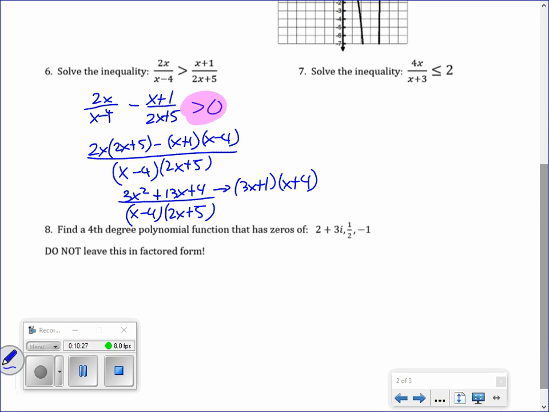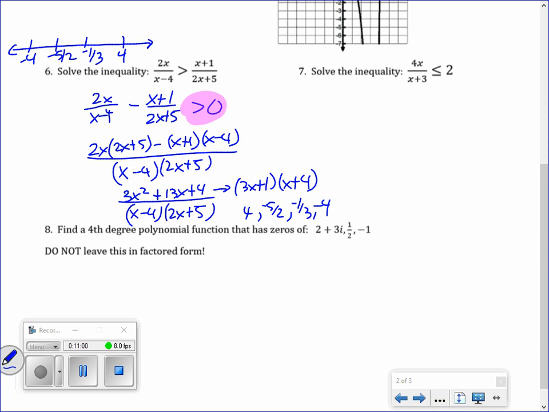So I have 4 critical numbers: 4, negative 5 over 2, and anything that makes the top 0 is possibly a place where things change, so negative 1/3 and also negative 4. If I order those numbers, negative 4 is the smallest, then negative 5 halves, then negative 1/3 and 4.